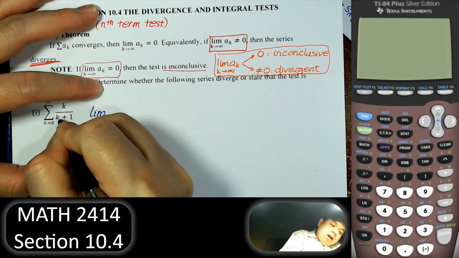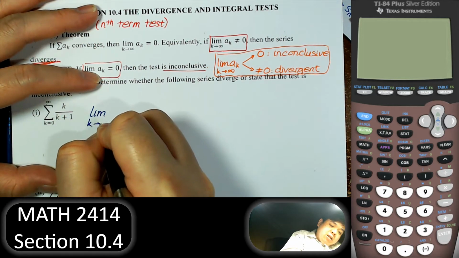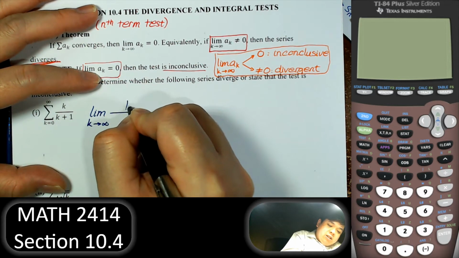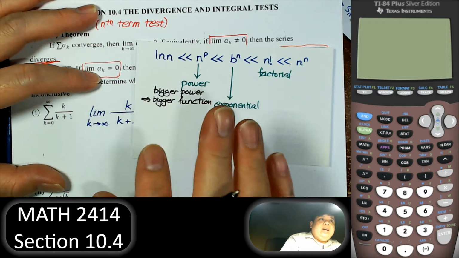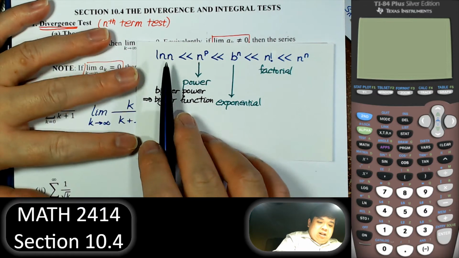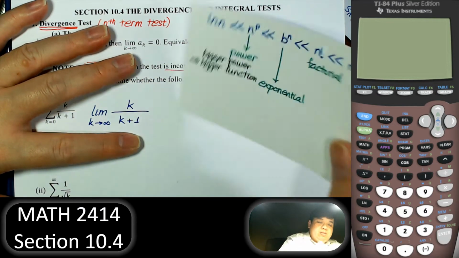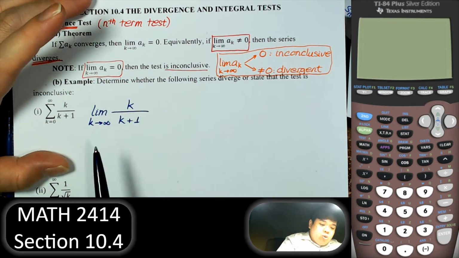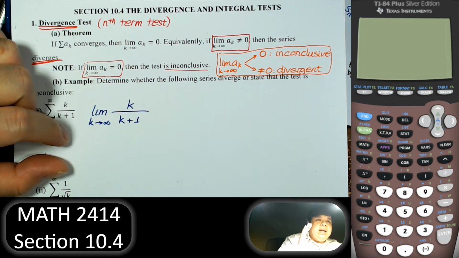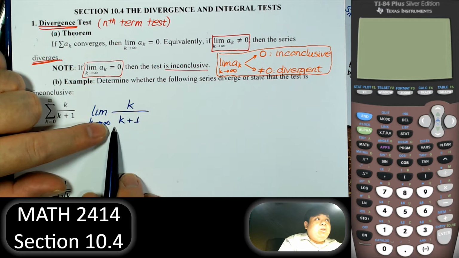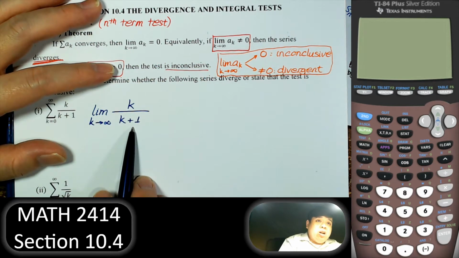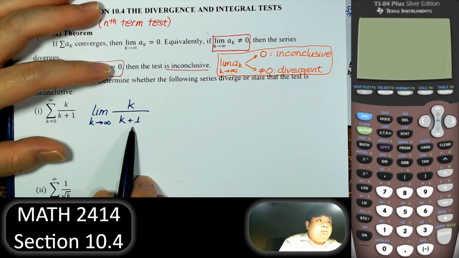So first, I take the limit as k goes to infinity. Before we do this, keep this ranking handy. Now, for this one, k over k plus 1, as k goes to infinity, the plus 1 really doesn't do much.